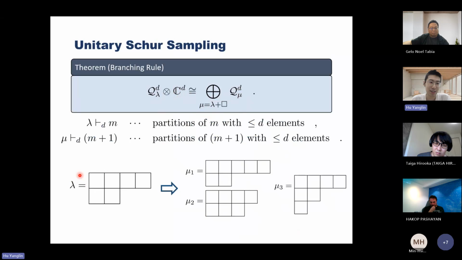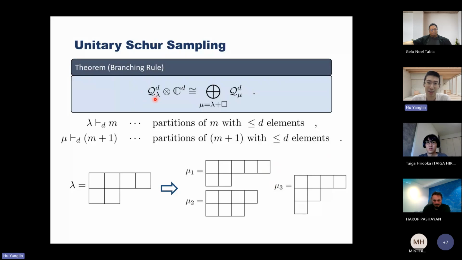Suppose this Q lambda is a rep labeled by this label lambda, and when you append a new C^d Hilbert space to it, this decomposes into a bunch of these subspaces, where in the first one you could add a new box at the end of the first line without violating the rules for the partitions, and you could also append a new box here, on the second line, to get another new representation, and you could also append a new box at the end of the third line to get a new label.